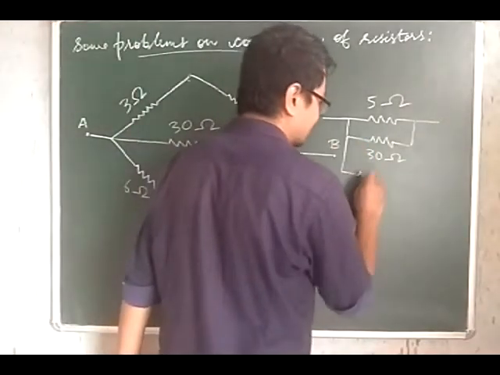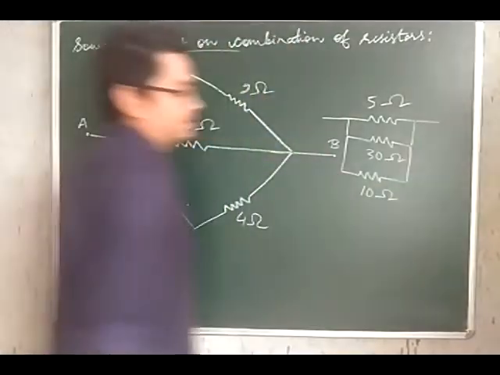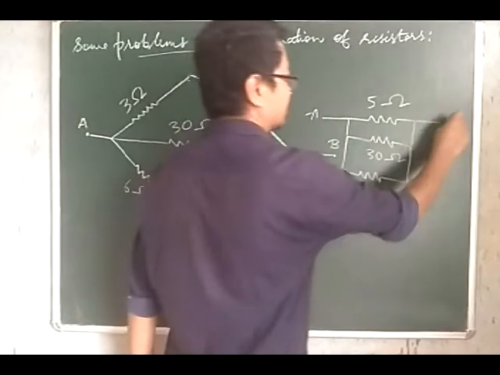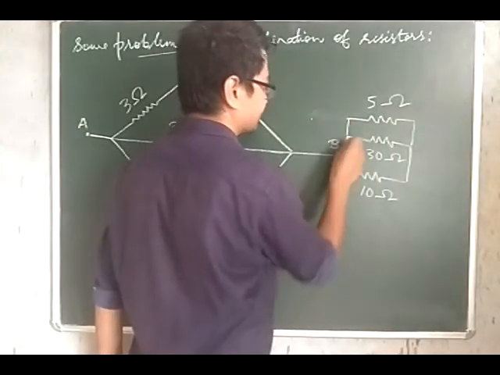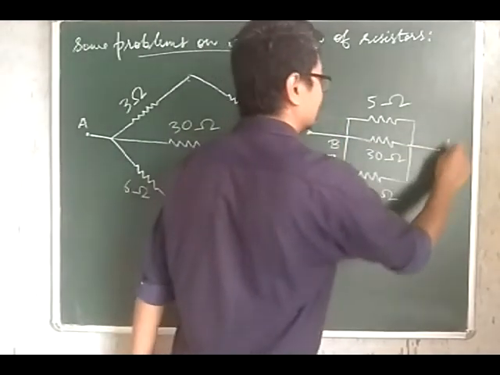So it's like we have 3 resistors connected in this fashion. This is point A, this is point B, or for convenience you can also consider point A to be this and point B to be this.